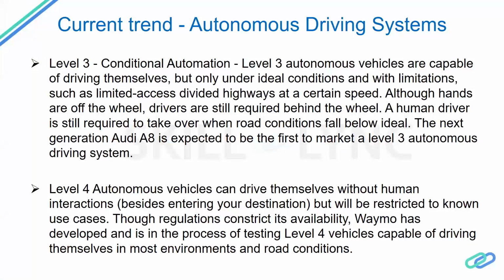And the next generation Audi A8 is expected to be the first one to market with a level 3 autonomous driving system. And level 4 autonomous vehicles can drive themselves without human interaction. Like a robo-taxi. The best example is a robo-taxi fleet, which will have a teleoperation and fleet control center.